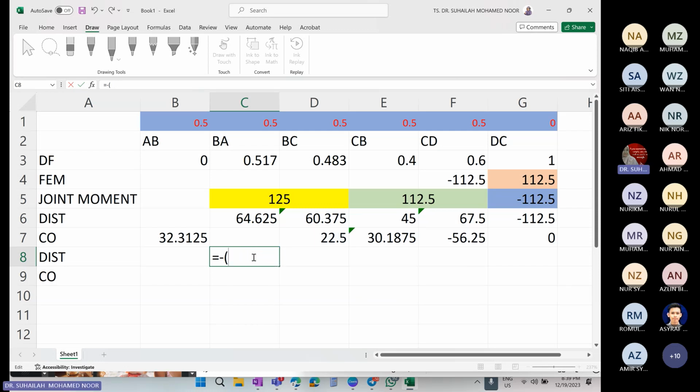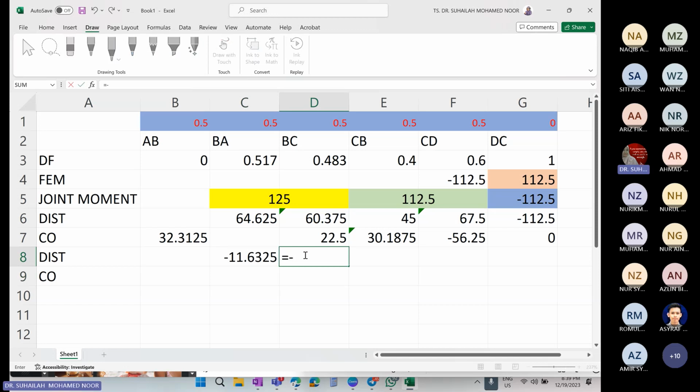Actually, the process is like this. It is 0 plus 22.5. We have to times with the factor, the distribution factor. Okay, so we get negative 11.6.